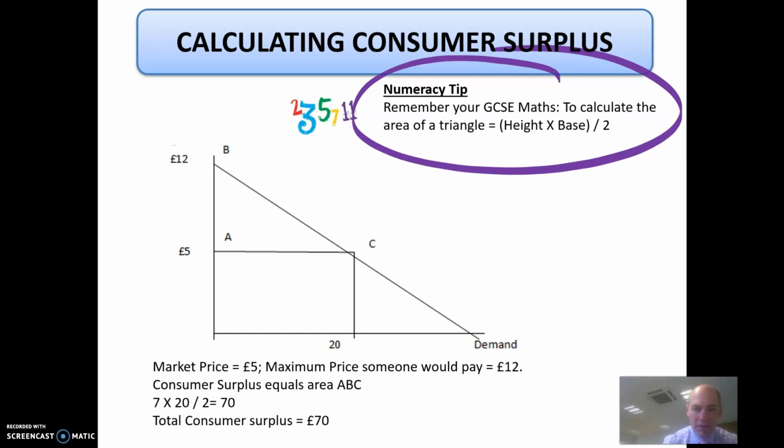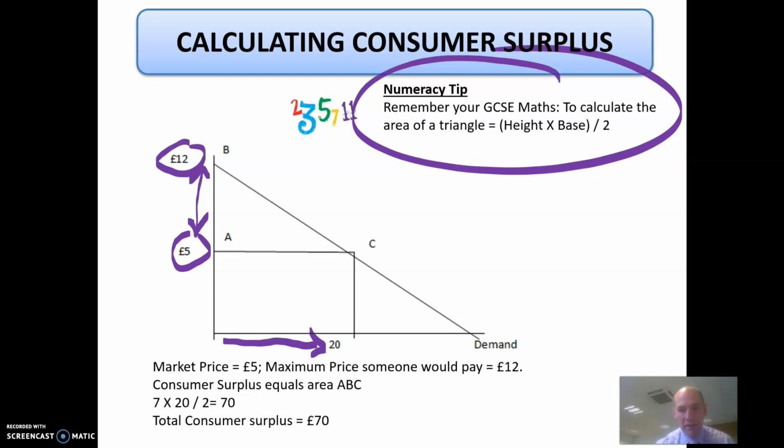So in this instance, the market price was £5 initially. The maximum price someone would pay was £12. So what is consumer surplus? Well, it's the difference, £7, multiplied by the amount of people who would buy it.